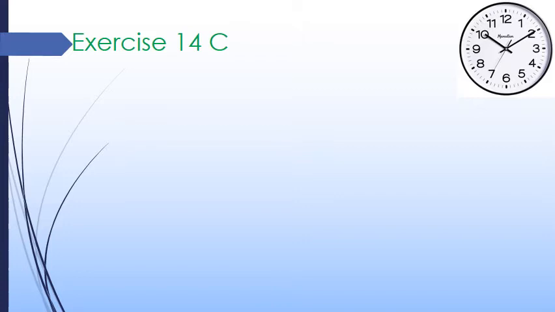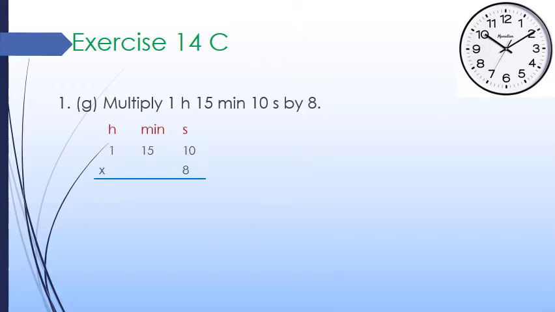Now children, let's come to exercise 14C. We will do the G part of question number 1, which is multiply 1 hour 15 minutes 10 seconds by 8. So we will multiply hour, minutes and seconds separately, and we will start the multiplication from seconds.